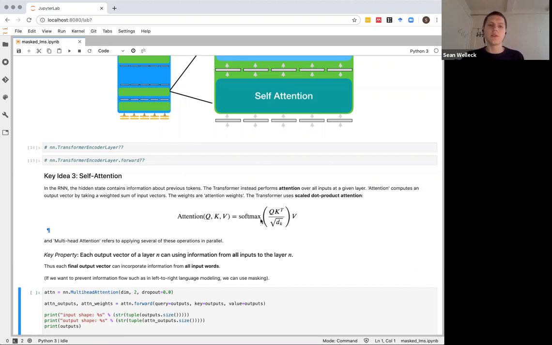Given that weighting, you can do a weighted sum of the values. So that's what this equation is saying: we compute some weighting using the queries and the keys, and then we use that to take a weighted sum of these values.